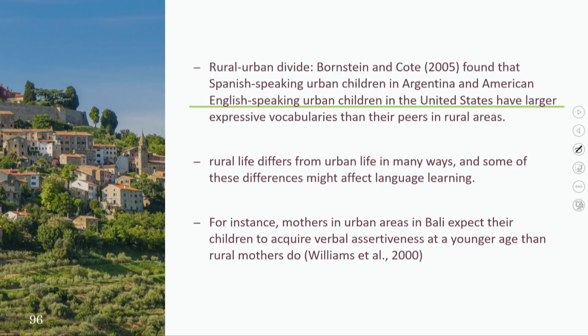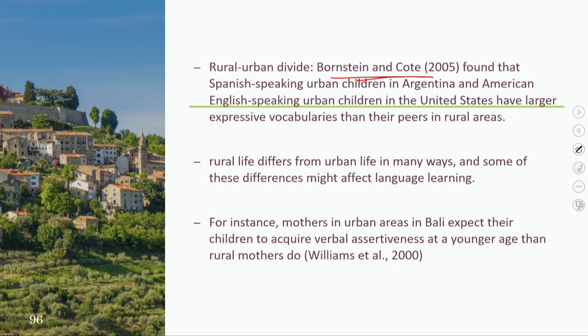In this, you also have the division between the rural and the urban domains. Children living in rural areas will have a different kind of vocabulary compared to urban children. We have already looked at this particular study, where urban-rural division was one of the variables.